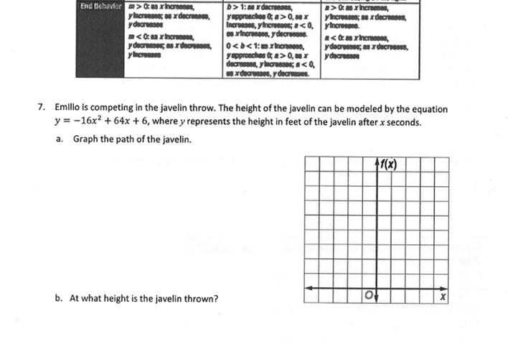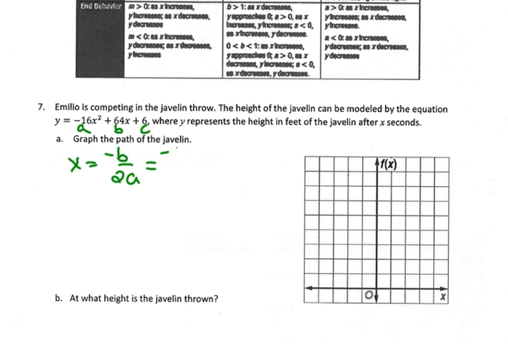Emilio is competing in the javelin throw. The height of the javelin can be modeled by the equation, where y represents the height in feet of the javelin after x seconds. Graph the path of the javelin. So I want to do the same type of thing here. I'm going to start by finding my axis of symmetry. So x equals negative b over 2a, a, b, c.